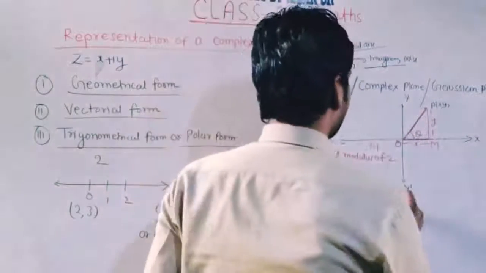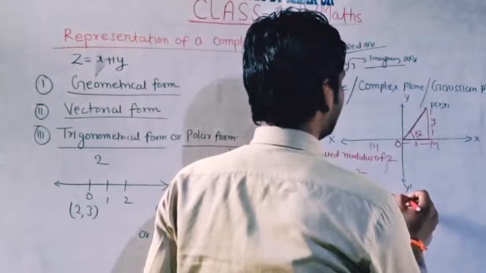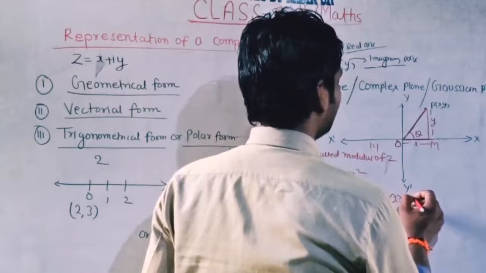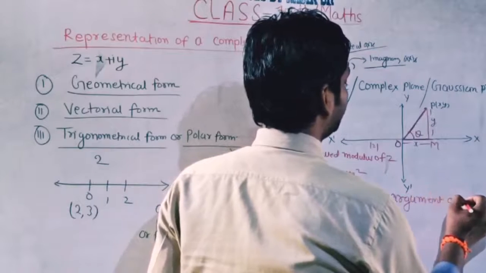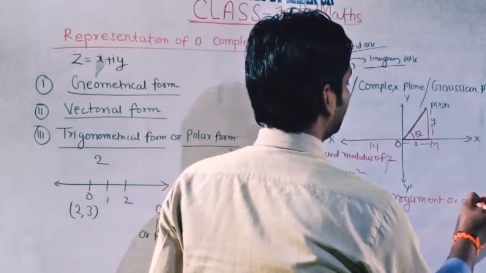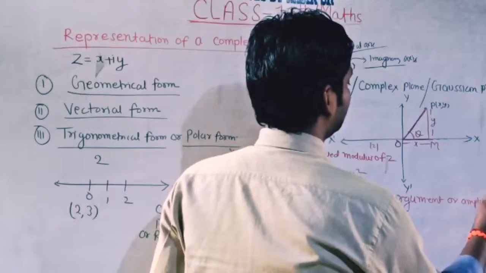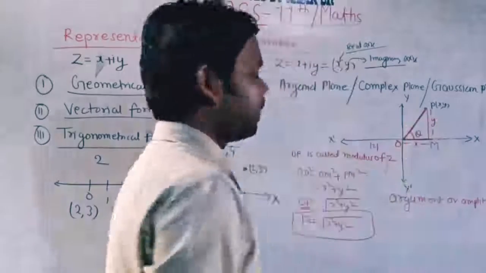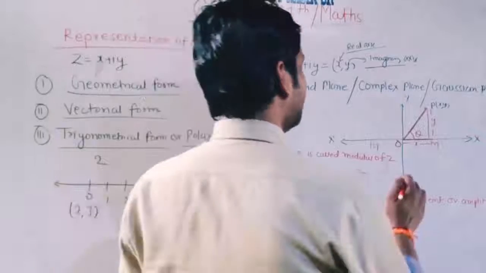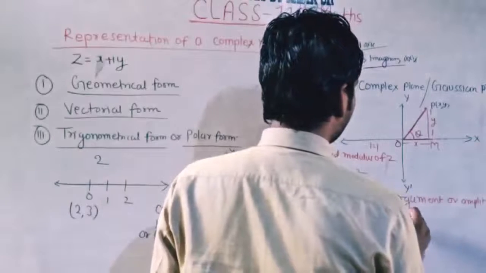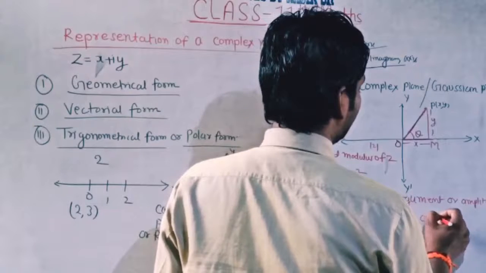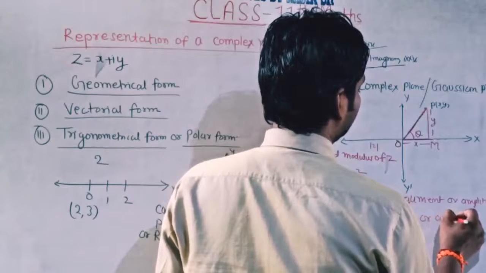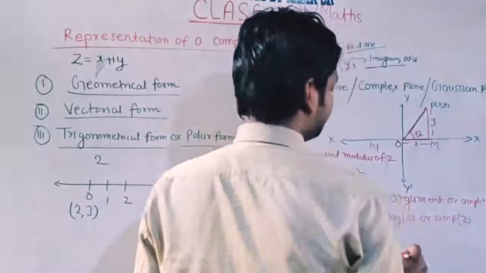This angle is called the argument or amplitude of z, denoted by argument of z or amplitude of z.